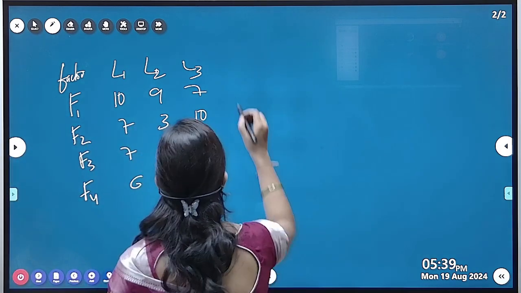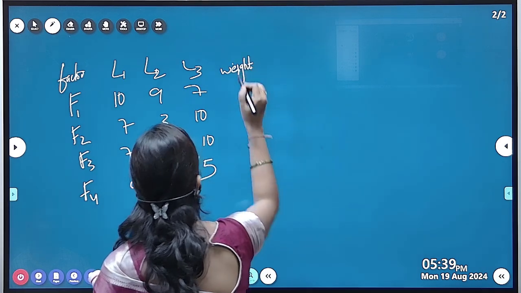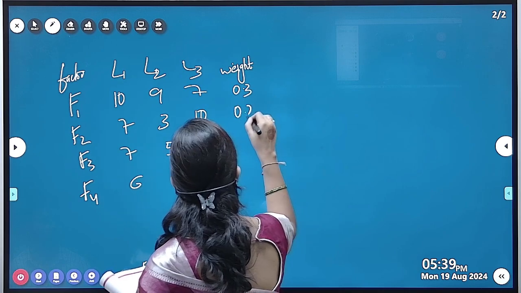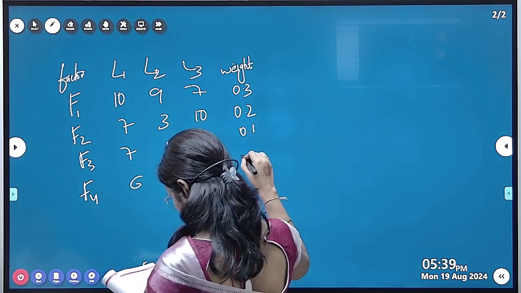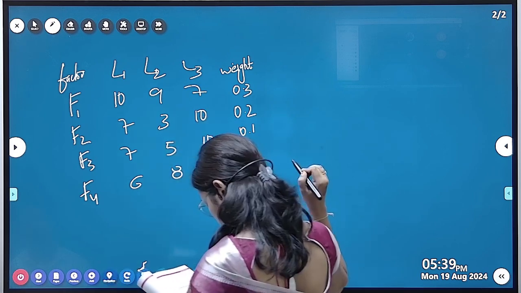So what's the weight? Tell me the weight. 0.3, 0.2, 0.1 and 0.4, right?